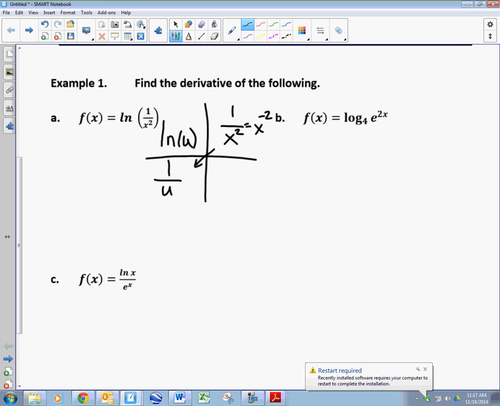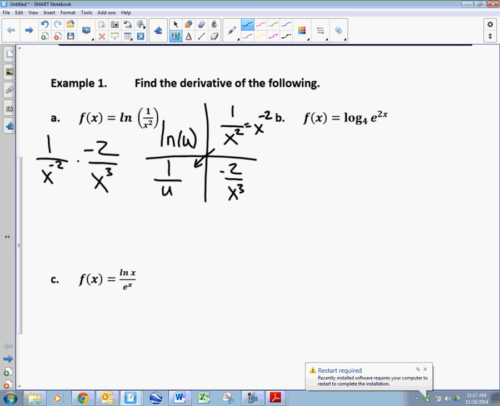This is x to the negative 2. What is the derivative of x to the negative 2? Good. So now I'm going to multiply these together: 1 over x to the negative 2 times negative 2 over x to the third. What can I do with that x to the negative 2?